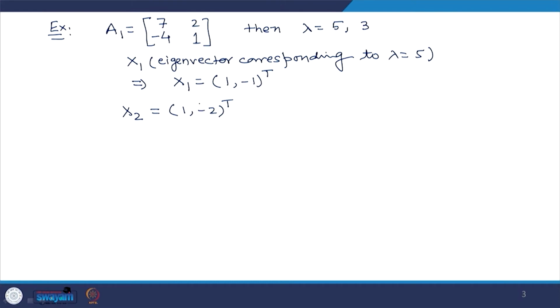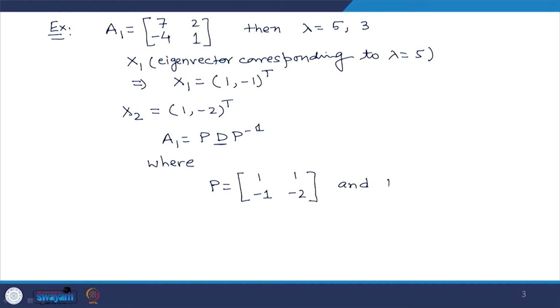Hence, what I can do? I can write A1 as P D P inverse, meaning A1 is similar to a diagonal matrix D, where P is a matrix having columns as the eigenvectors of A1, that is 1 and minus 1 is the first column, that is your eigenvector x1, and then the second one is 1 and minus 2.